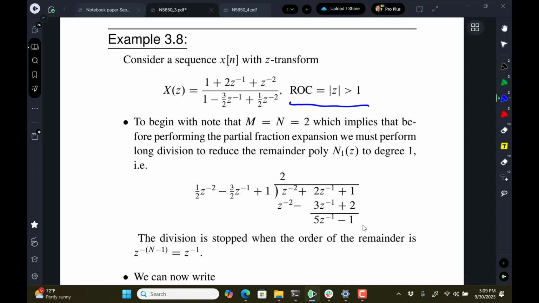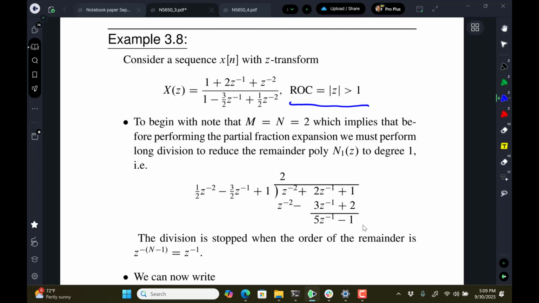The region of convergence will be specified, or could be given as the waveform being causal or anti-causal, and those types of terminologies show up a lot of times in the book problems too.